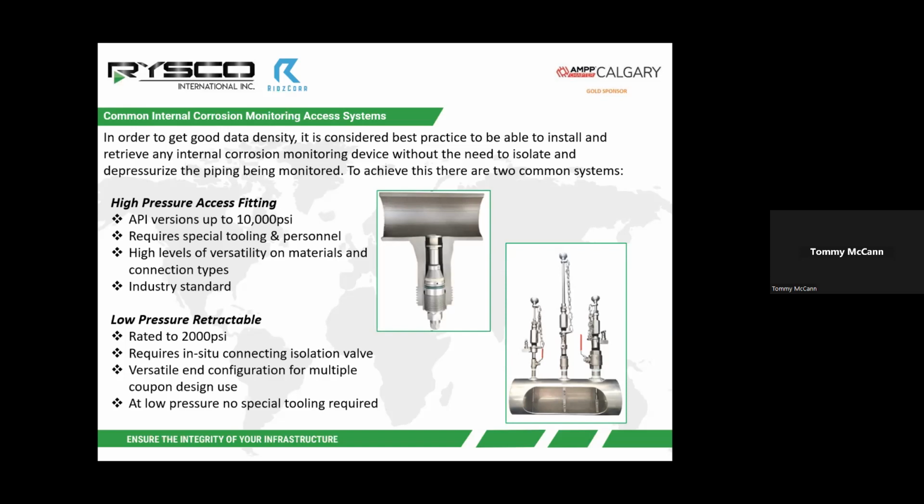They're versatile because you can change the end on the coupon, on the rod itself, very easily to change your coupon design. And you can move them from point to point. You can't move a flare weld access fitting very easily. And at low pressure, in low 100 poundage, they can be done safely with hand tools.